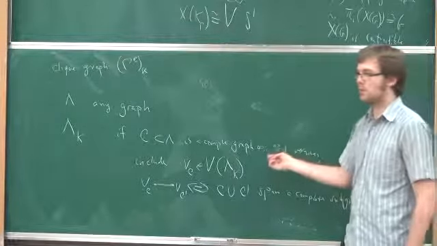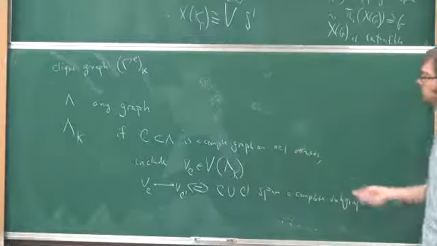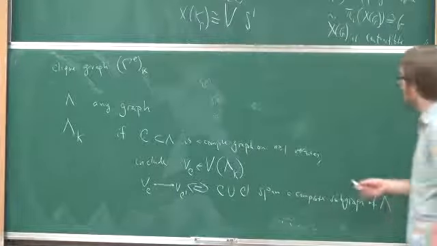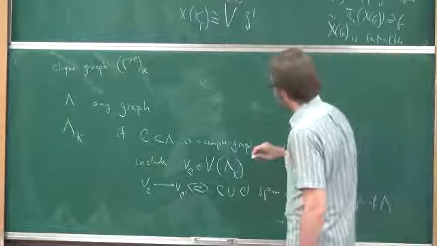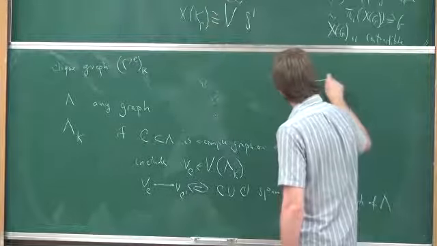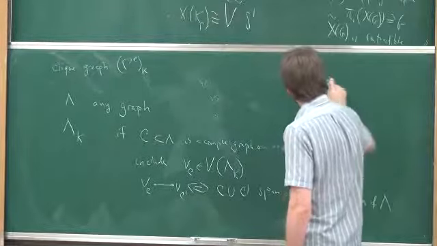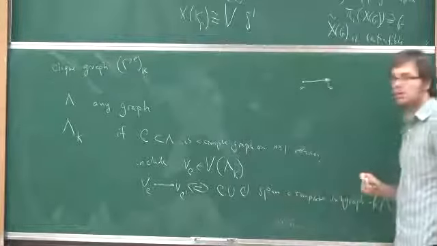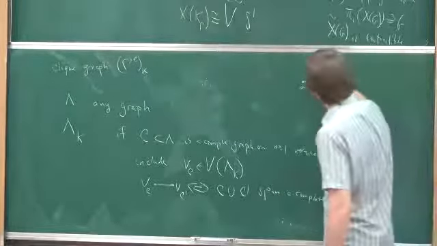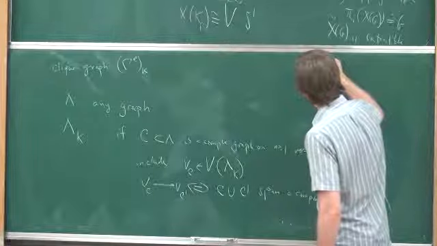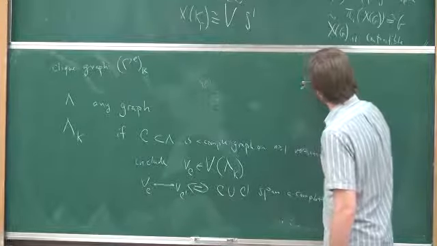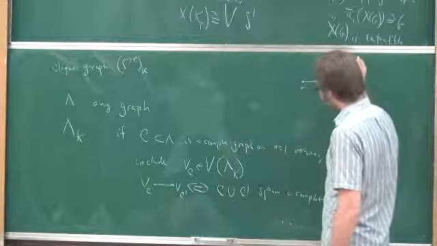So in the case where n is equal to 1, we just include the vertices of lambda. And so then what sorts of extra vertices do we get? Well, if this was an edge inside of lambda, then we get a vertex v_AB corresponding to this edge.